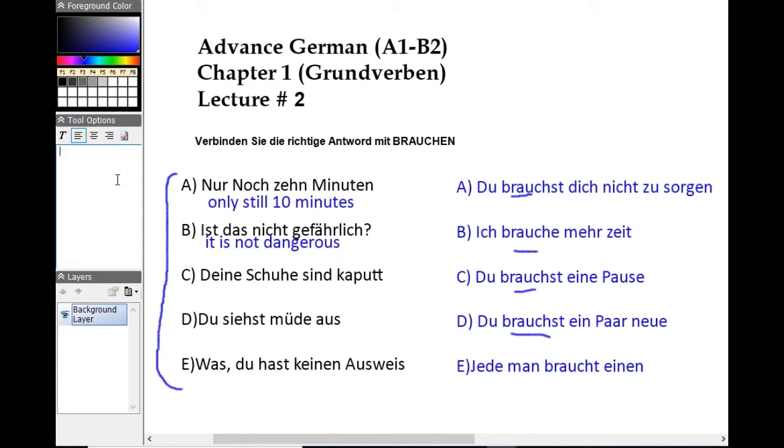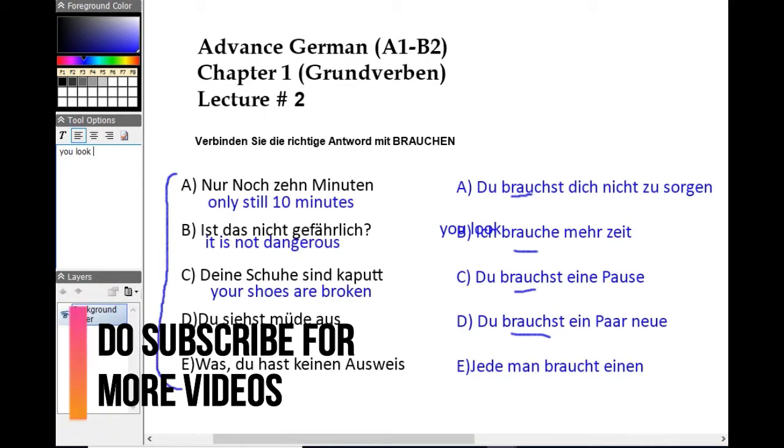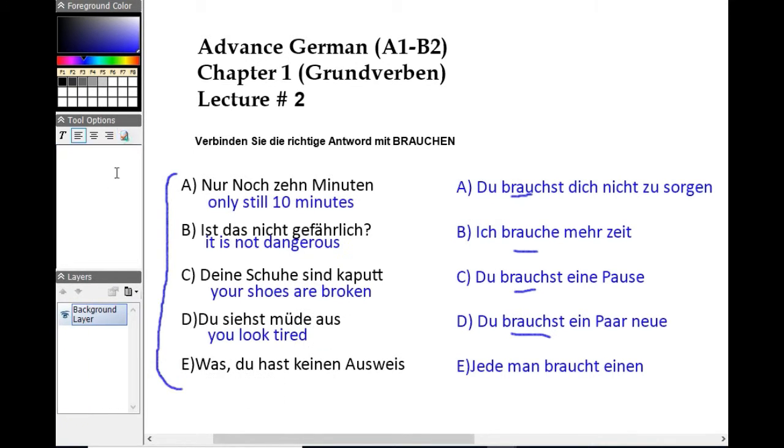Deine Schuhe sind kaputt. Your shoes are broken, or like your shoes are not well. Kaputt is a word which is used for different meanings. So kaputt is like it's broken and you ruined it. These kinds of words. Du siehst müde aus. You look tired. And finally, du hast keine Ausweis.